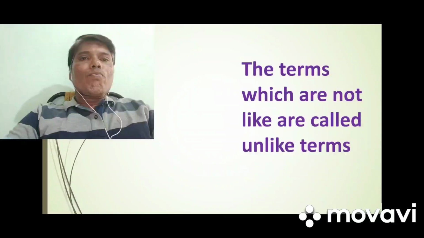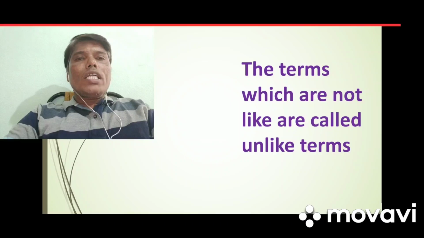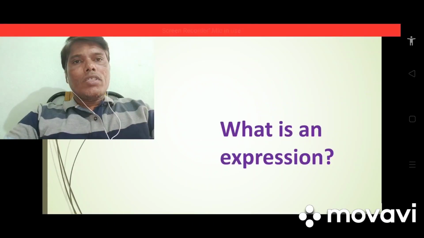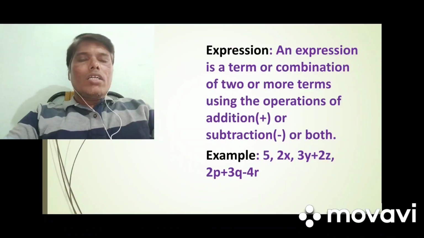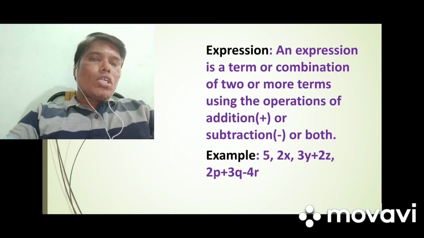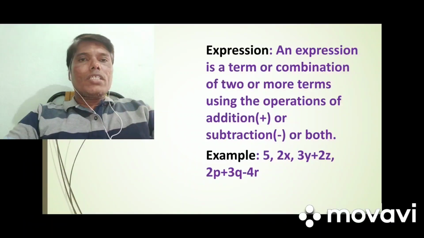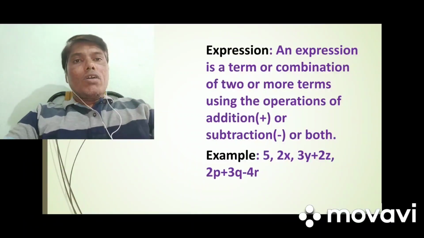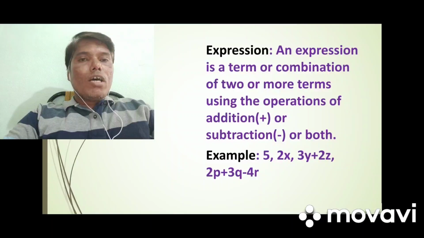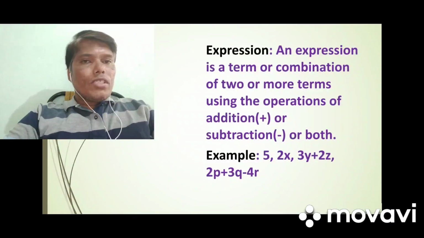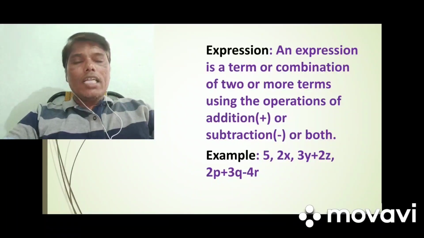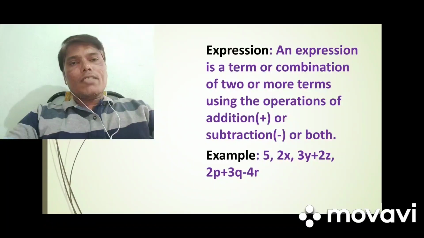Now let us discuss what is an expression. An expression may be a single term or the combination of two or more terms using the operations addition and subtraction. What are the operations that we used to combine the terms? Yes, they are addition and subtraction, plus and minus.